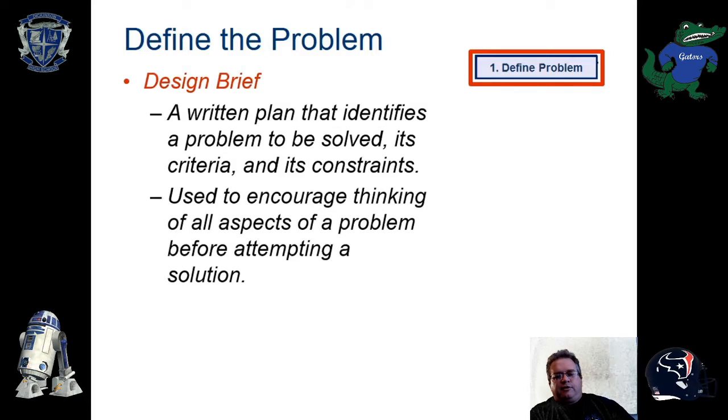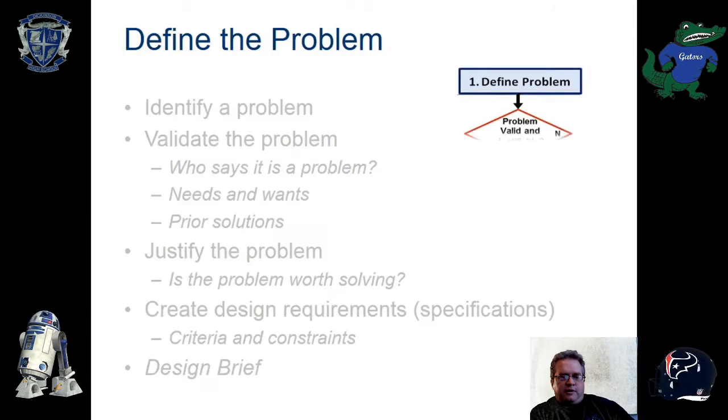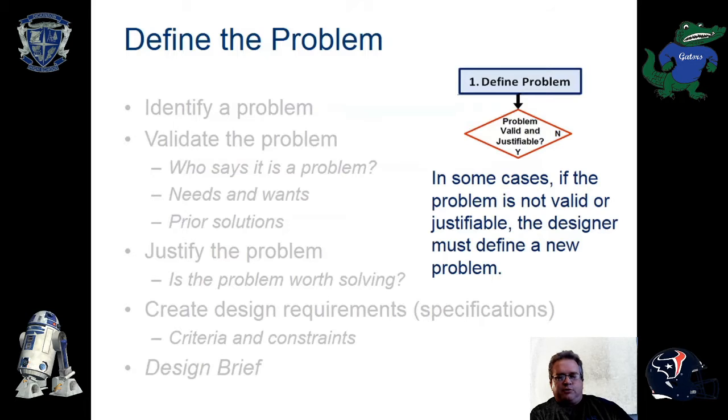So design brief. Written plan that identifies the problem to be solved, its criteria and constraints. Used to encourage thinking of all aspects of the problem before attempting a solution. Before you attempt the solution, you have to brainstorm, and that actually will bring costs down.